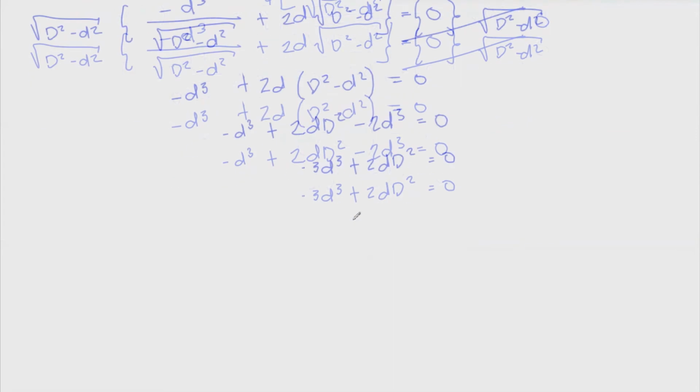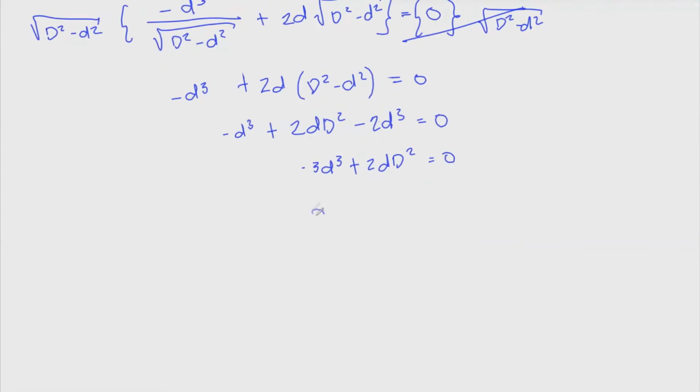Now I'll be factoring out negative d right here, so I can get a positive value right here. So that's 3d squared minus 2 capital D squared, that is equal to 0. Okay, and now the two values that I'll be getting from here will be negative d is equal to 0 and then 3d squared minus 2 capital D squared is equal to 0.